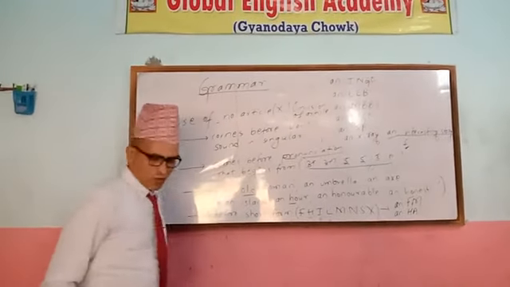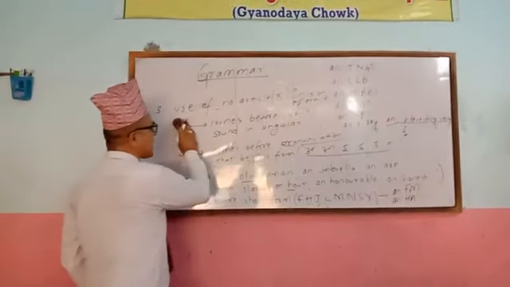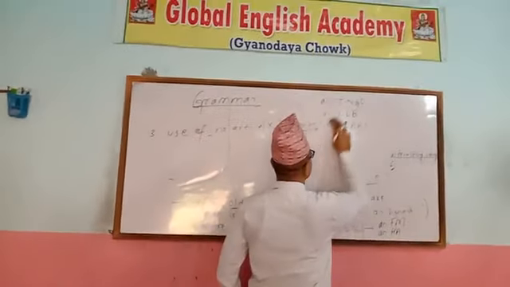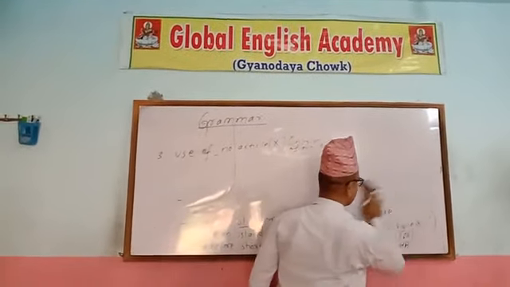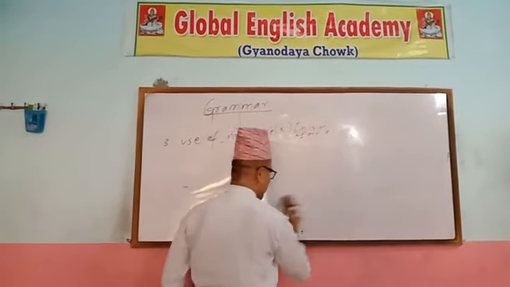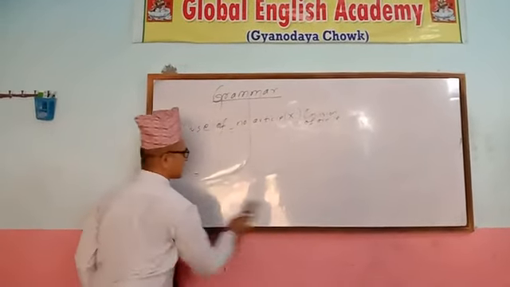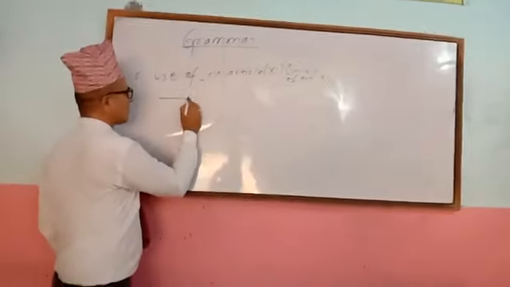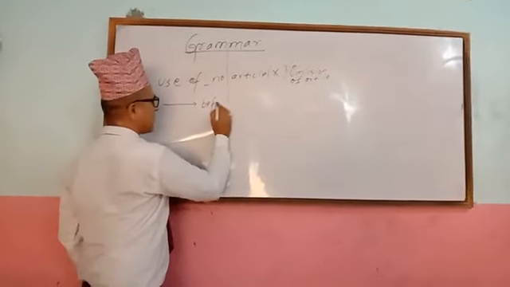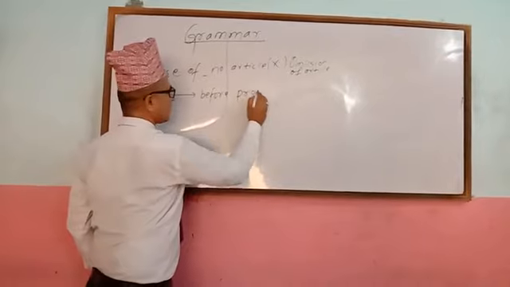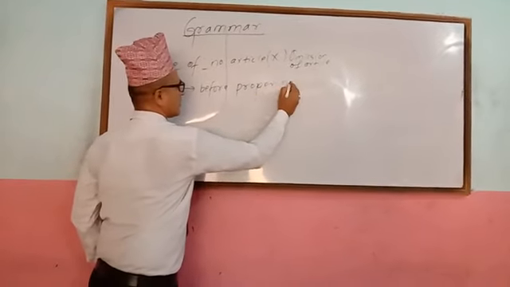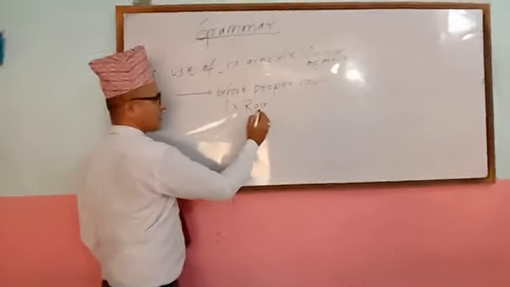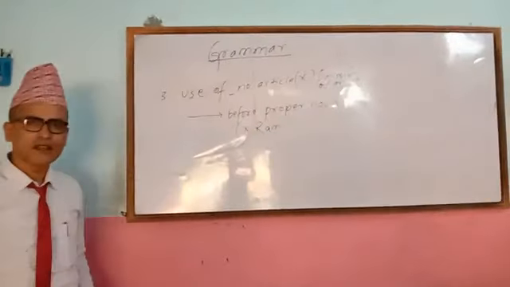Where we cannot use any articles, either a or an or the. Before the use of the, we have to understand where we cannot use any articles. Let us see, dear student. Before a proper noun. Proper noun. For example, before Ram, no article is used, right?